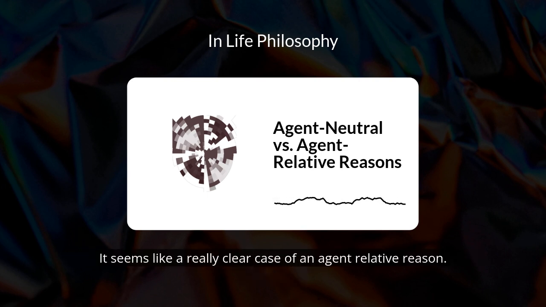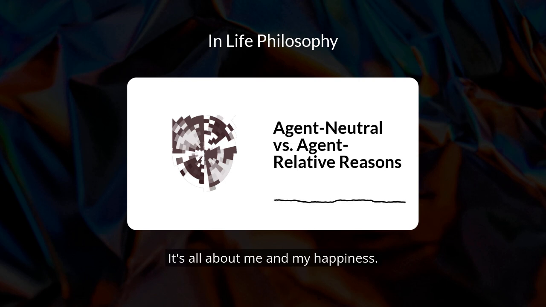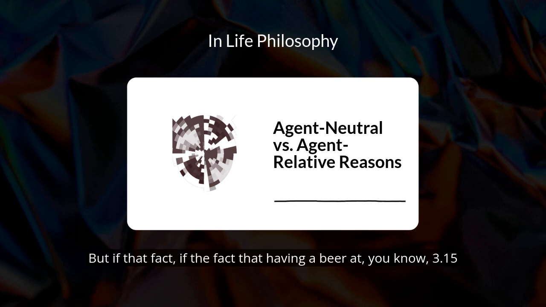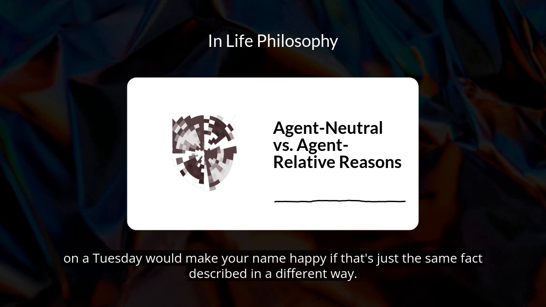That seems like a really clear case of an agent relative reason. It's all about me and my happiness. But if the fact that having a beer at 3:15 on a Tuesday would make you happy is just the same fact described in a different way.